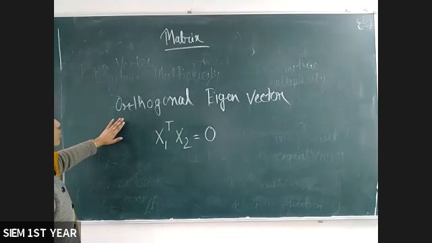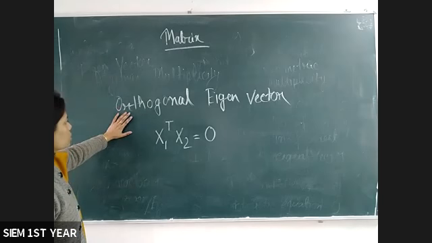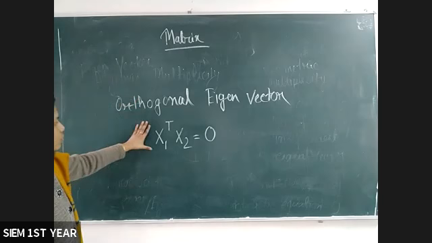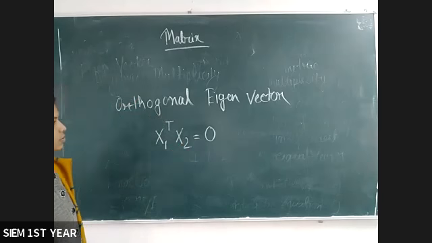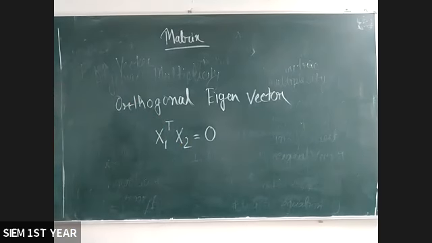So in short questions and in broad questions, these concepts are very important: x1 transpose into x2 is equal to 0. These are the main definitions of eigenvalues and eigenvectors. Next concept is, first I just consider these eigenvalues and eigenvectors.